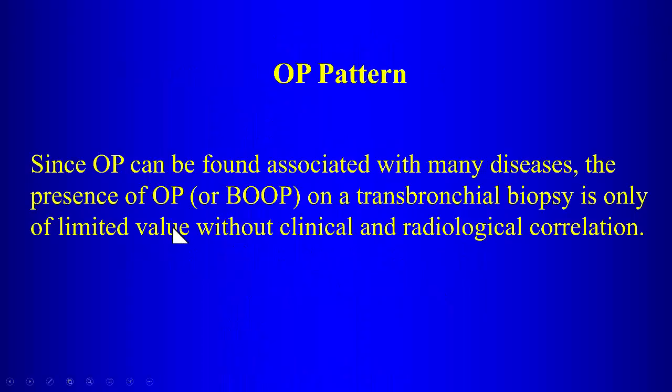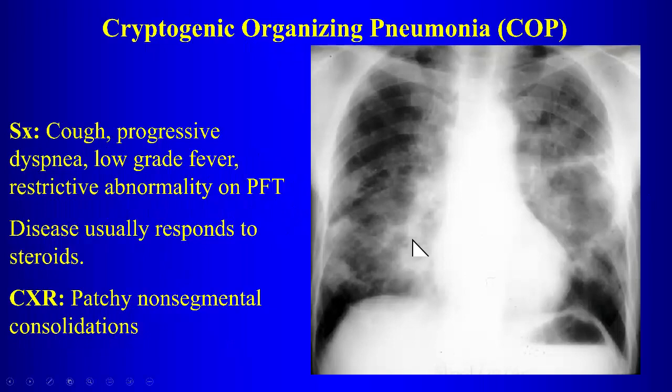For that reason, the presence of organizing pneumonia on a transbronchial biopsy is only of limited value without clinical and radiological correlation. So again, getting back to what we said earlier about idiopathic interstitial pneumonias, it requires an interdisciplinary approach between the clinician, the pathologist, and the radiology findings.